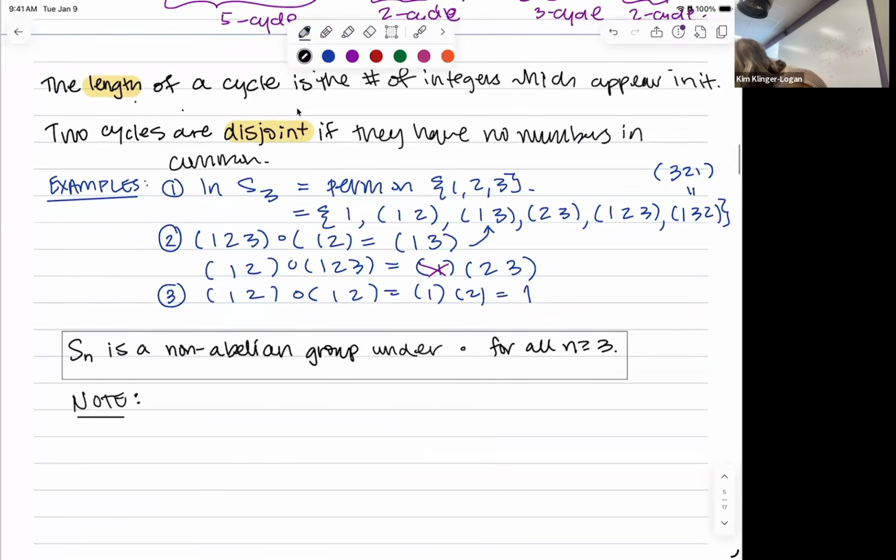In fact, for any permutation, sometimes I'm going to have multiple k cycles in one permutation, and so then the order turns out to be the least common multiple of the lengths of each of the k cycles.